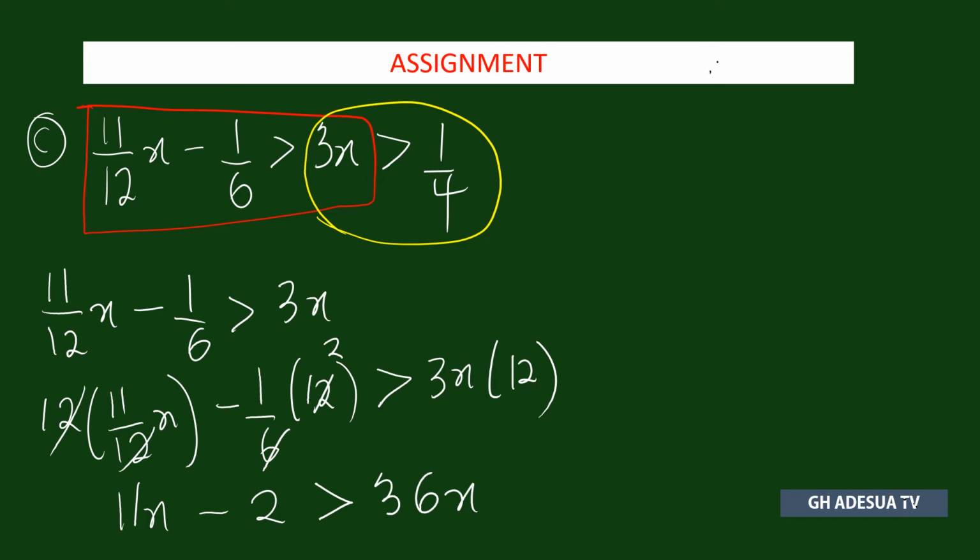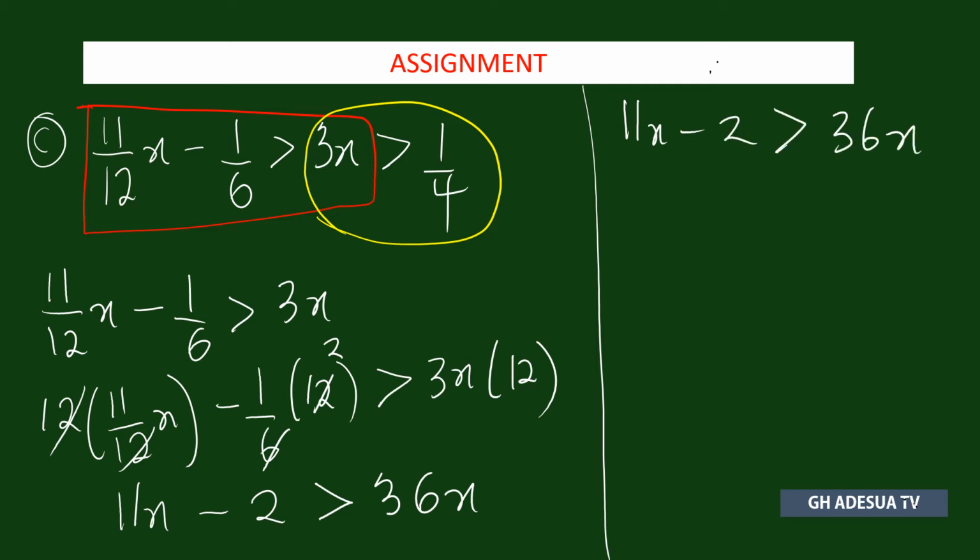Now, because it's double inequality and we would want the x to be in the middle, we would move 11x to the right hand side. So we have this original 11x minus 2 greater than 36x. So to become negative 2 is greater than 36x minus 11x. So 36 minus 11 is 25x.